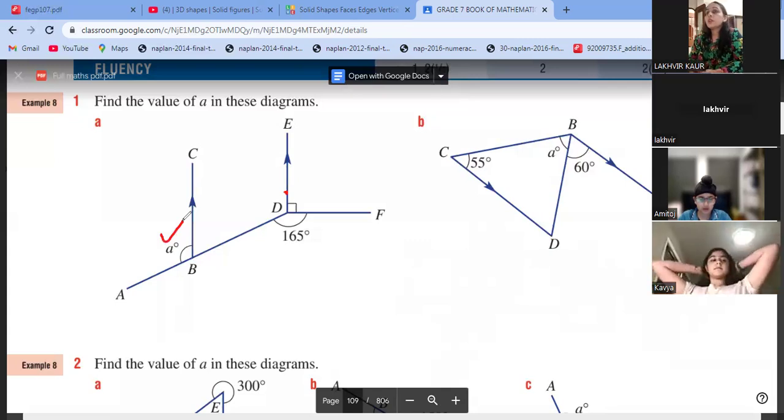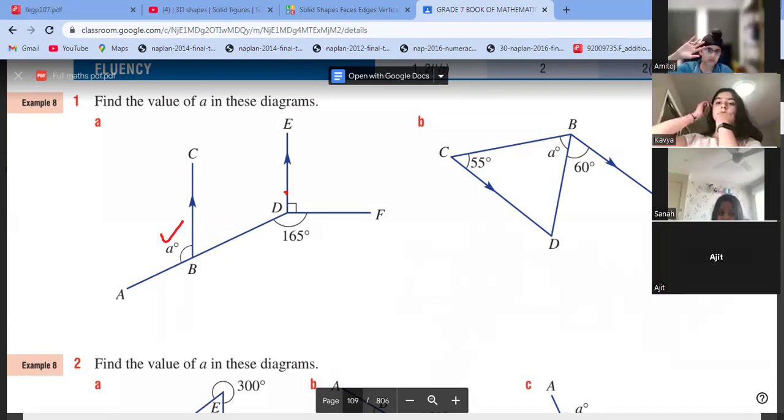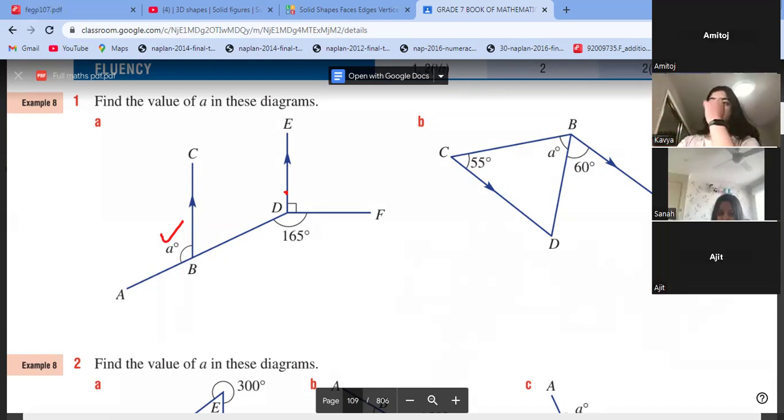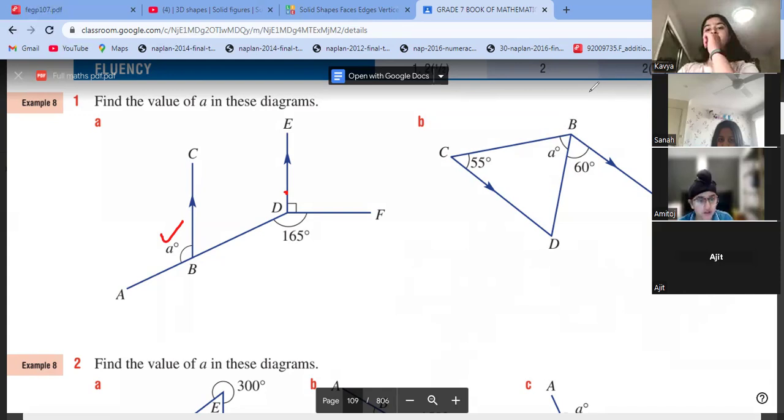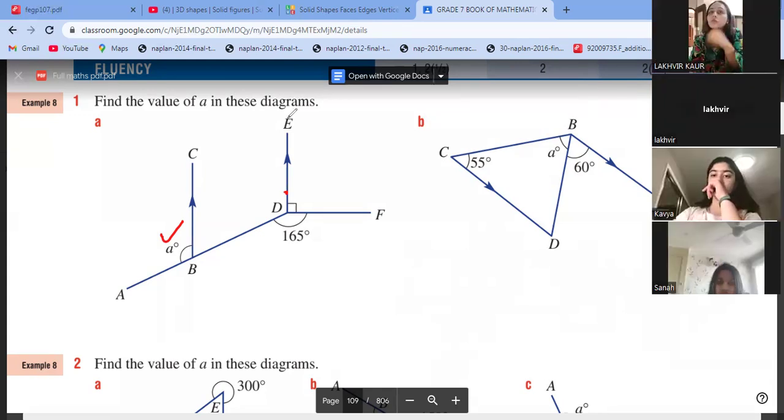How can you find it out? Anybody who can tell me how to find out this angle? Yes, Amitoj, tell me. First you would need to find out what this angle is, and then you can find out that angle because they're corresponding. Very good. So first of all, you need to find out this angle.